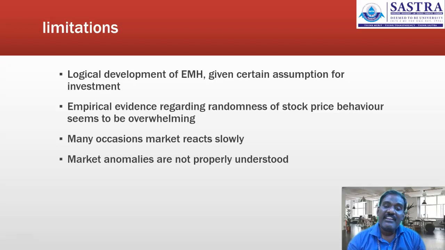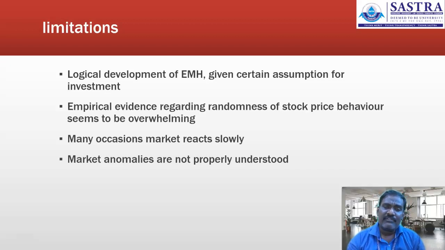Second, the empirical evidence regarding the randomness of stock price behavior seems to be overwhelming. So it is not only this that we take to understand stock price behavior. Stock price behavior is not the only thing we can consider for investment, because the returns generated by a stock in the past may not be guaranteed for the future.